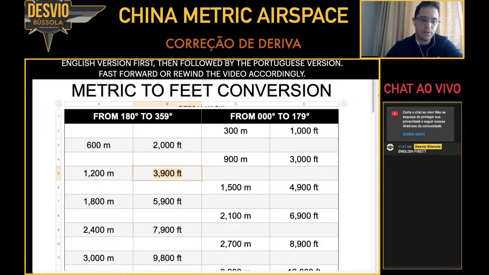So if ATC clears us 1200 meters, we go to the altitude window and set 3900 feet. We reply to ATC 1200 meters, but on the aircraft, as we fly in feet, the MCP and the FCU on both Boeing and Airbus are designed in feet, so you have to know which altitude in feet you are going to set.